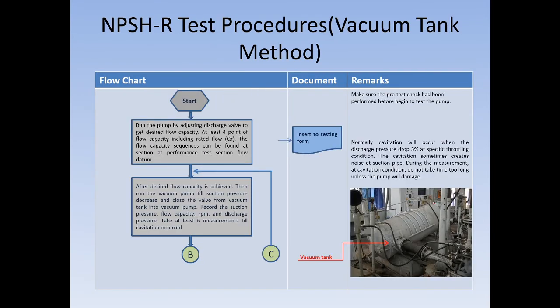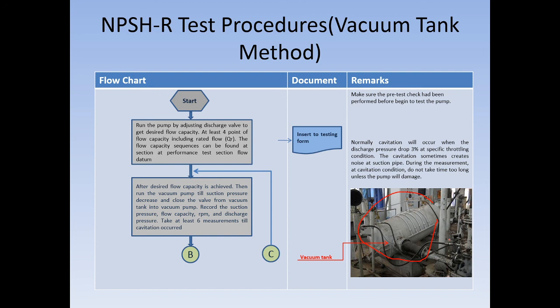The vacuum tank working principle is simple. The water flows into the tank, but the air in that tank is sucked by the vacuum pump. So if the air is sucked out, it means that the pressure there is also reduced.